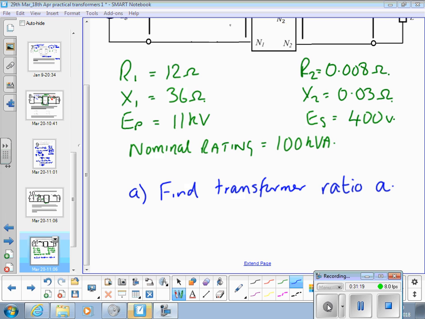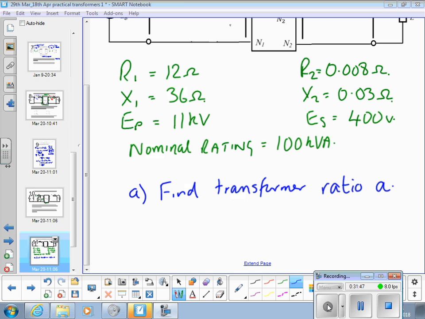How can we, with the information given, find the transformer ratio? Put the two voltages as the way. I wouldn't trust the two resistances. Well, we'll have a look at that in a minute.